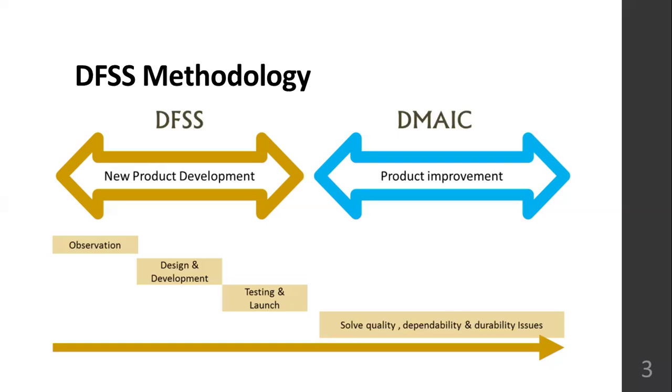The goal is to design products and processes while minimizing the defects and variations as much as possible. And while you are in the DFSS situation, your expectation is that you have to develop a product which is 4.5 Six Sigma or greater. Okay.